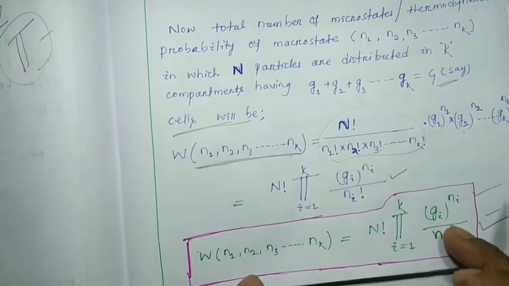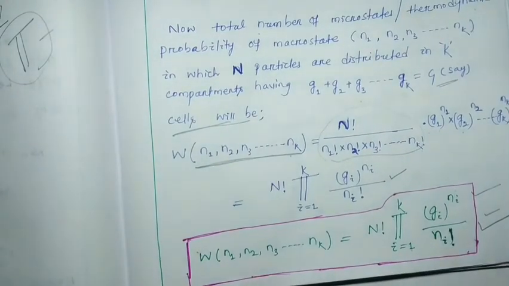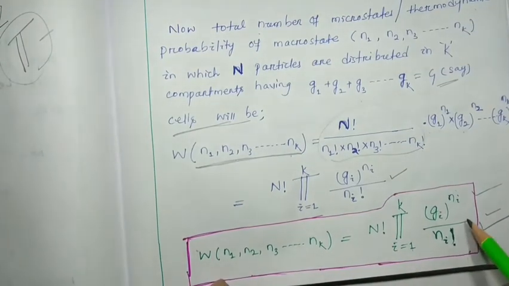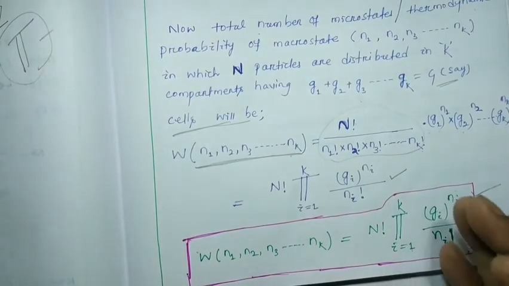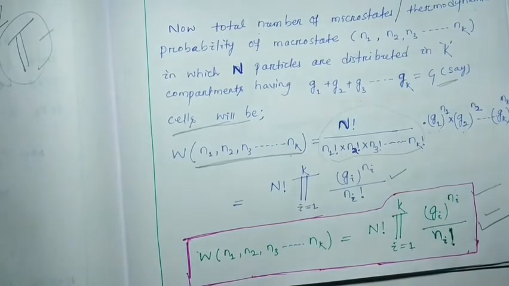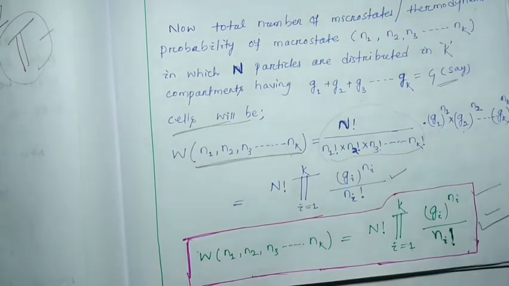This is required for the derivation of the Maxwell-Boltzmann distribution. Whatever we derived here is purely classical statistics. That means it will be applicable to gas molecules, and this was considered by Maxwell to analyze the macrostates and physical behavior of gas molecules.